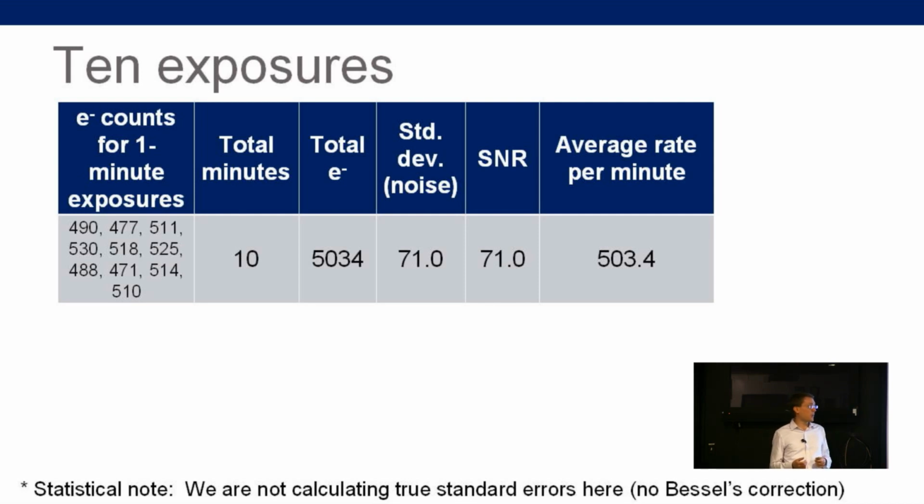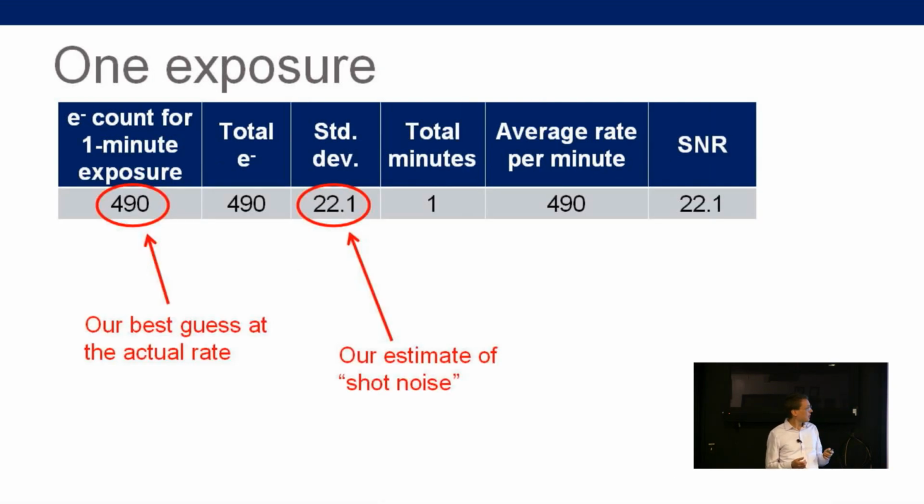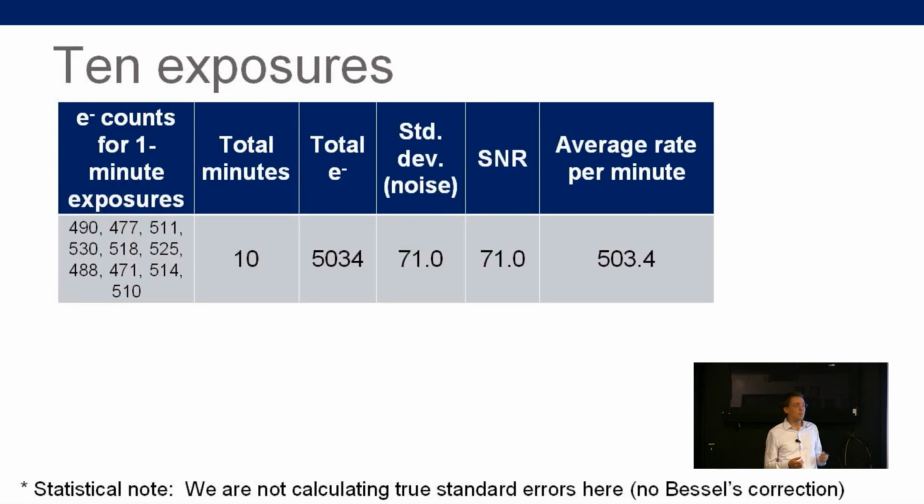And our signal-to-noise ratio went from 22 to 71. So we took 10 times the exposure time, and we got just over a 3-fold improvement in our signal-to-noise ratio. And that's exactly what you'd expect.